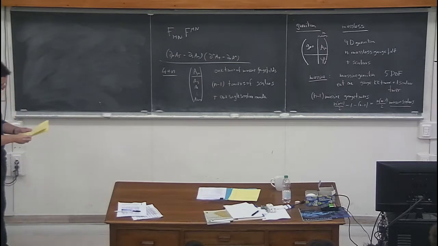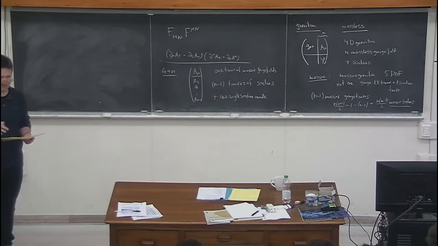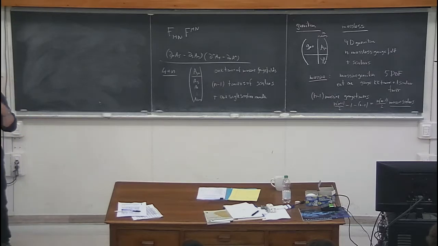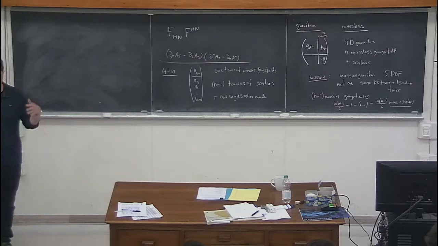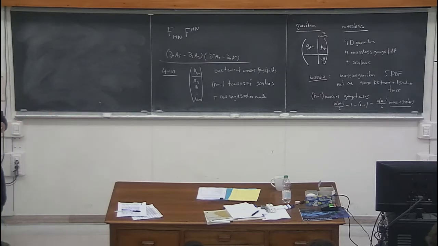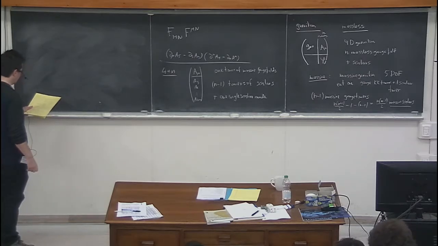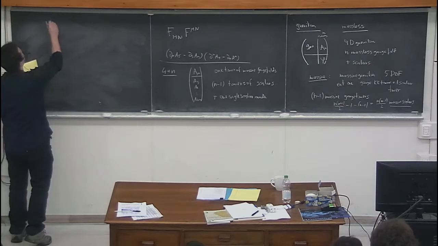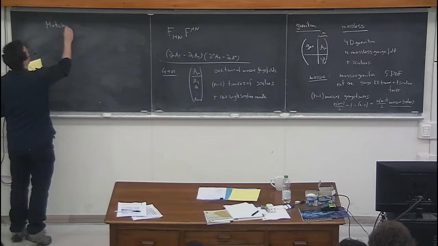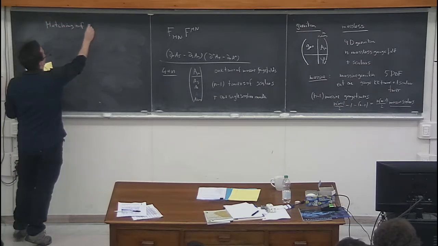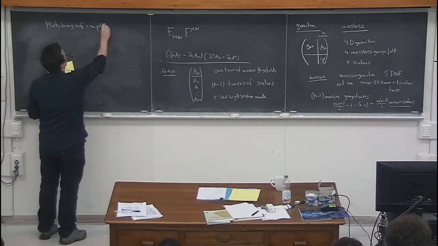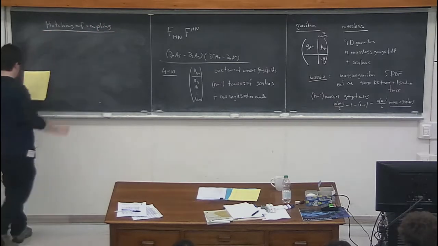So we have to try to understand how to do the matching of the couplings if you go from a 5-dimensional theory to a 4-dimensional theory, both for gauge couplings and for example the gravitational coupling, the Planck scale. So, matching of couplings. That's the second important conceptual issue.